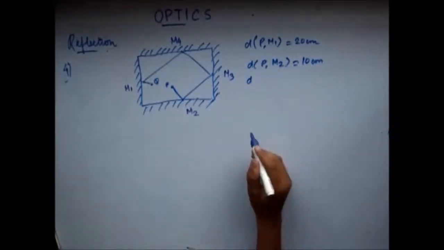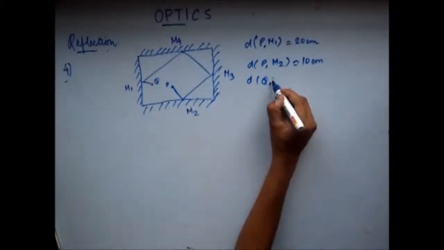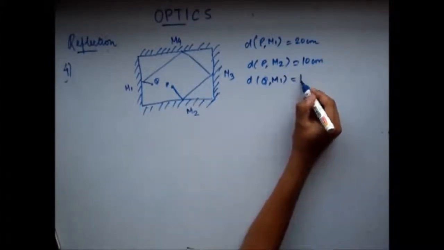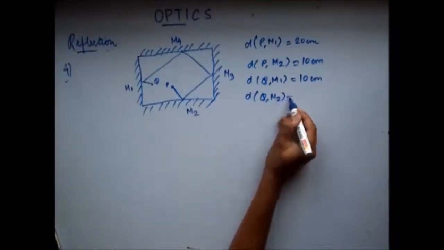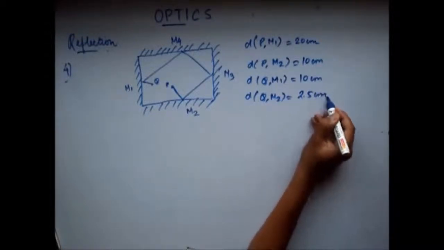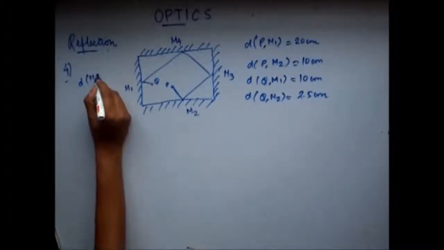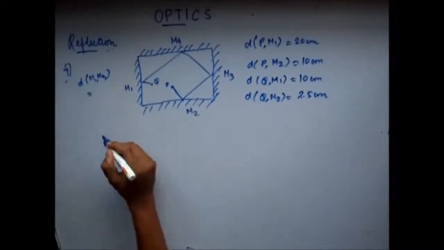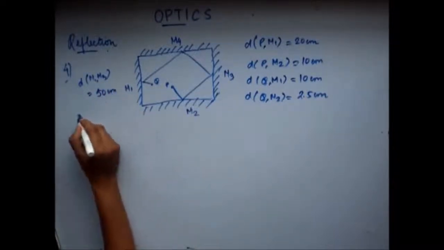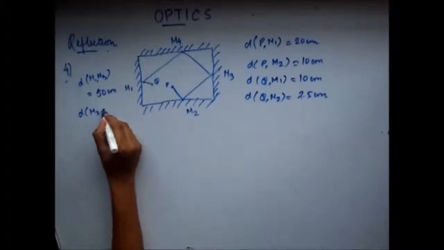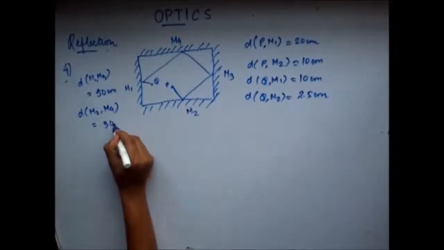Distance of point Q from M1 is 10 centimeter, and distance of point Q from M2 is 2.5 centimeter. Distance between mirror M1 and M3 is 50 centimeter, and distance between M2 and M4 is 30 centimeter.